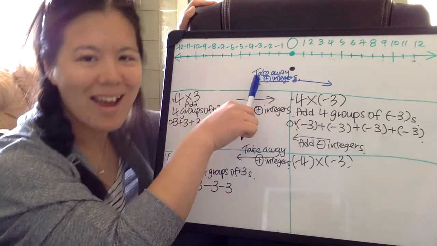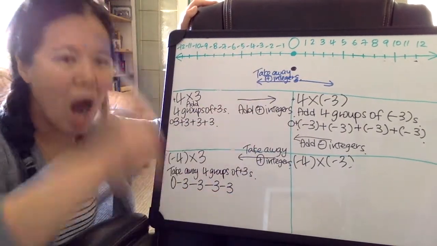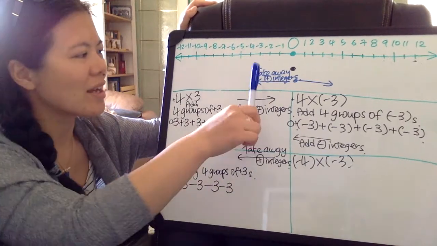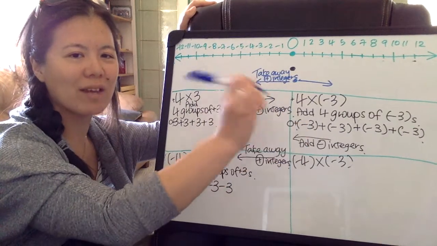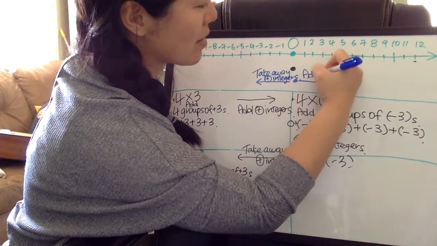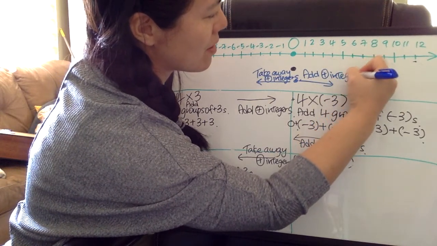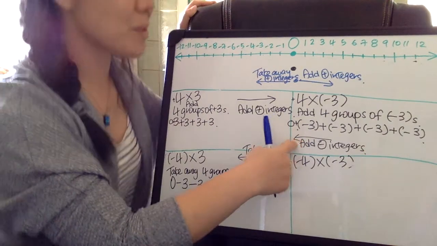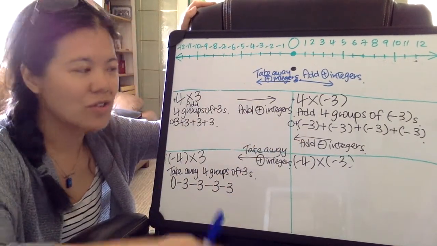When you're taking away positive integers, right over here, you go that way, that way, that way. And when you're adding positive integers, you go this way. Right? And for this one, we observed when you are adding negative integers, you go that way.